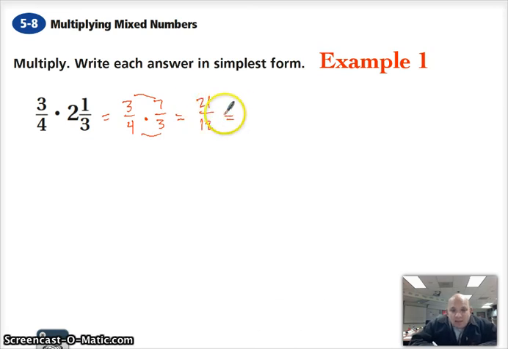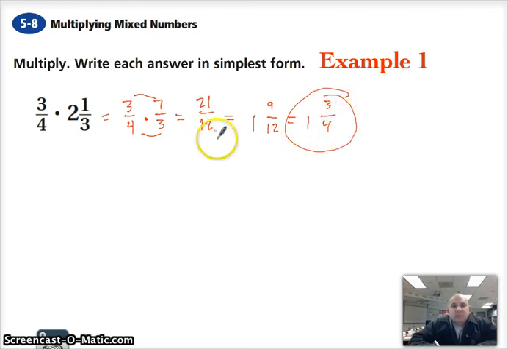I'll reduce that down, and we have 1 and 21 subtract 12 is 9/12, which reduces down further to 1 and 3/4. 1 3/4.